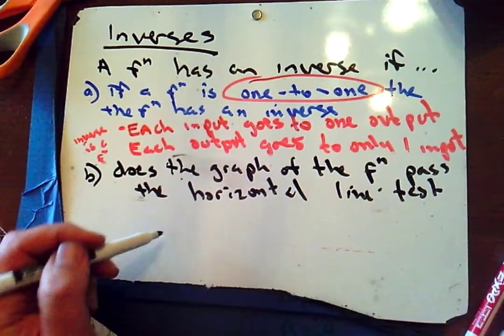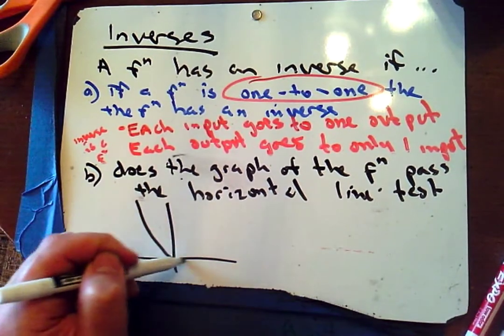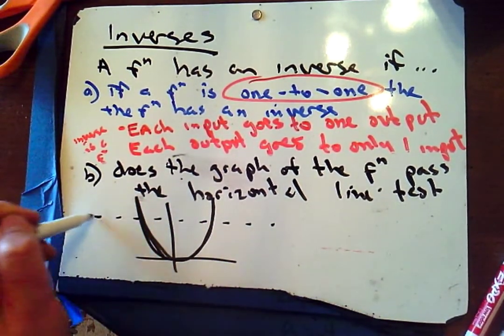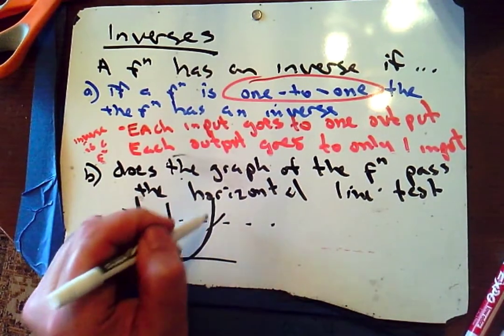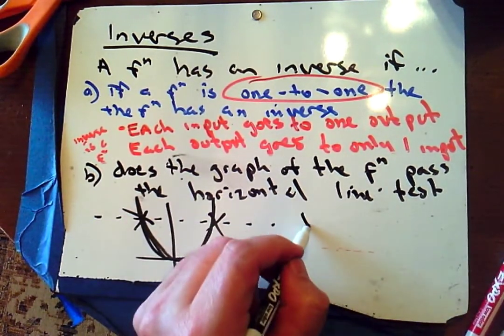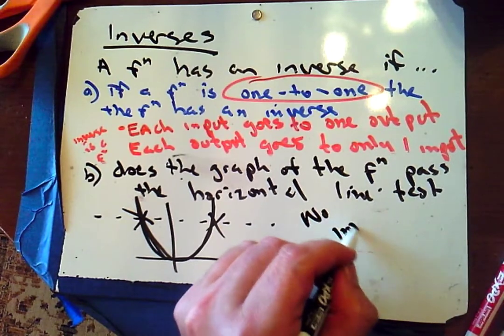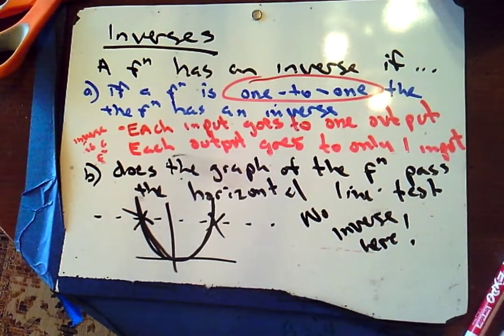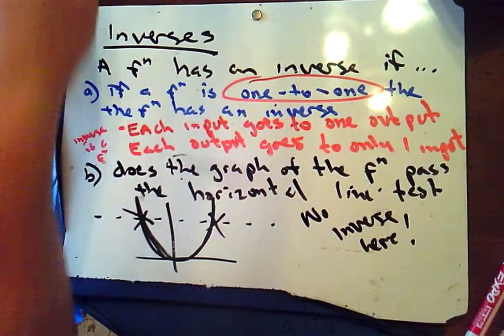So if I have a graph of a function, and a horizontal line can be drawn so it crosses in more than one location, we say no inverse here. We failed the horizontal line test.